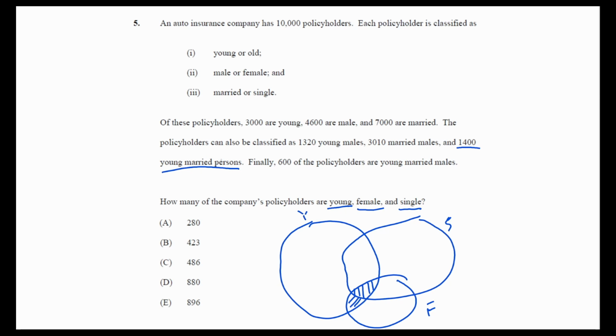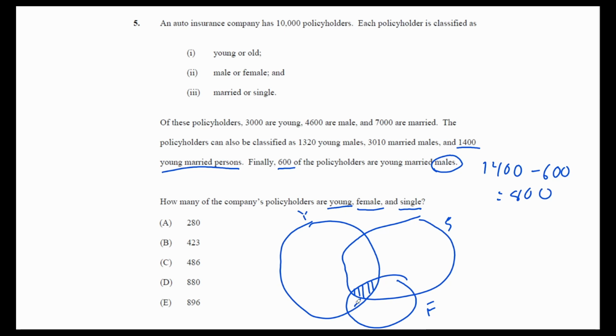We know there are 1,400 young married persons, and 600 of those are young married males. So in order to find how many young married females, it's just going to be 1,400 minus 600, which is equal to 800.